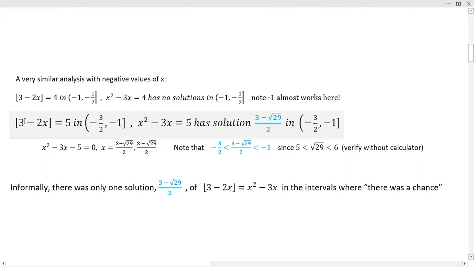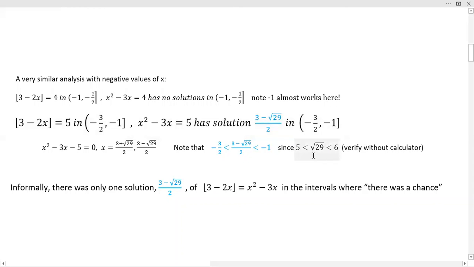The floor of 3 minus 2x is equal to 5 in this interval, and you can verify that by substituting the numbers in. Now we've got to check the function again. If you set x squared minus 3x equal to 5, this is your solution. And right down here, I've verified for you that it's actually contained in this interval.